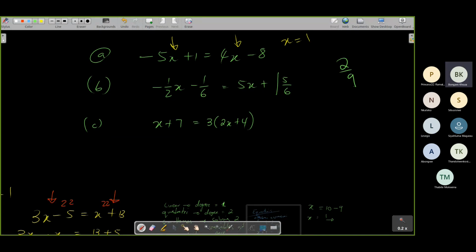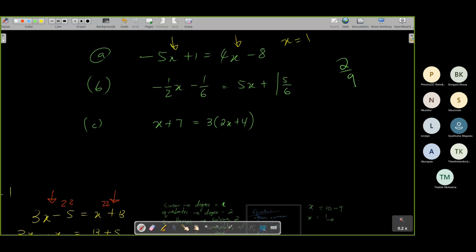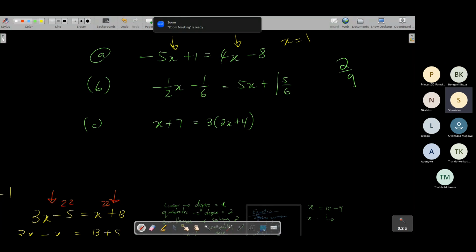Let me just switch for those who are on Zoom. Is there anyone on Zoom? Okay, let me just change links for those ones. So 2 over 9 is what we are saying. There's one who is struggling to enter the meeting. Which platform are they accessing? I gave people a lot of links today.